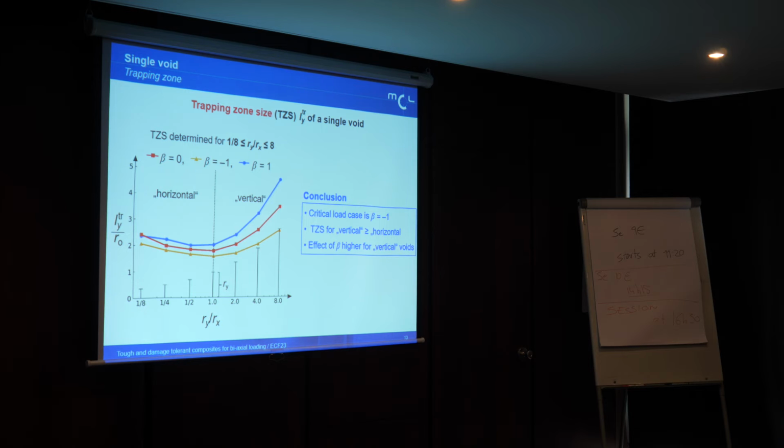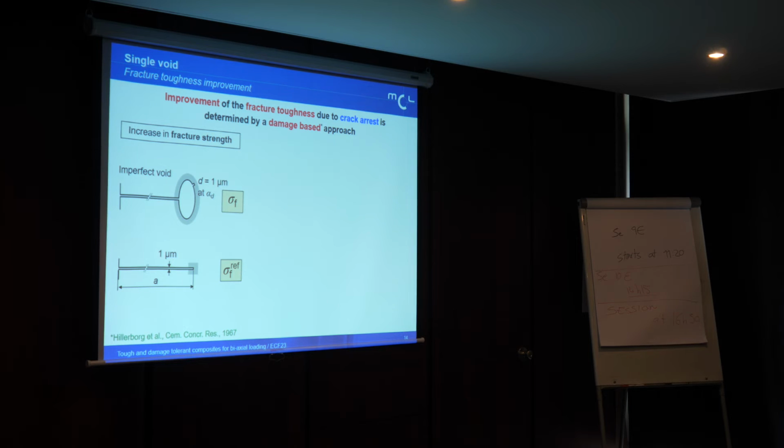Trapping zone size for vertical voids is in any case larger than for horizontally aligned voids, and the effect of beta is stronger for the vertical voids, where a stronger deviation occurs between each load case.